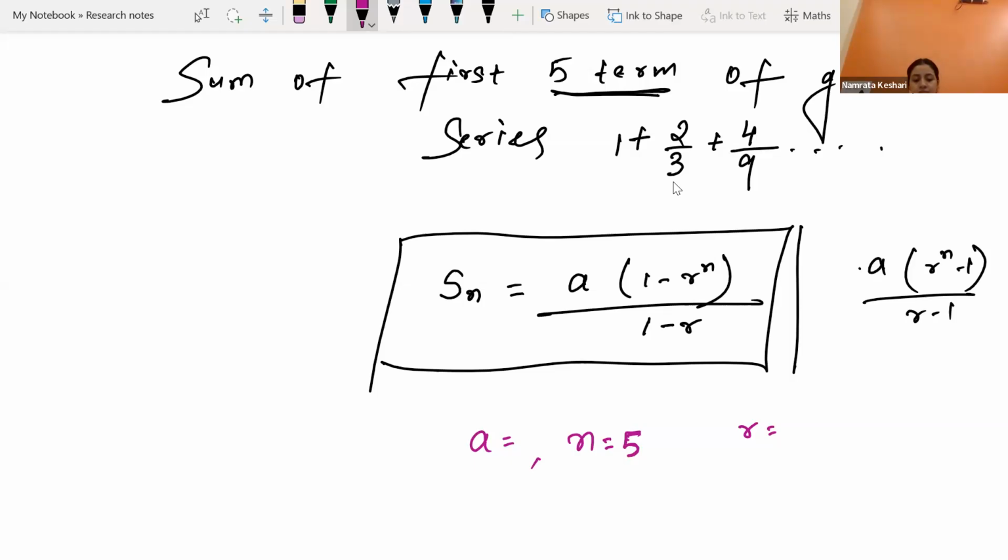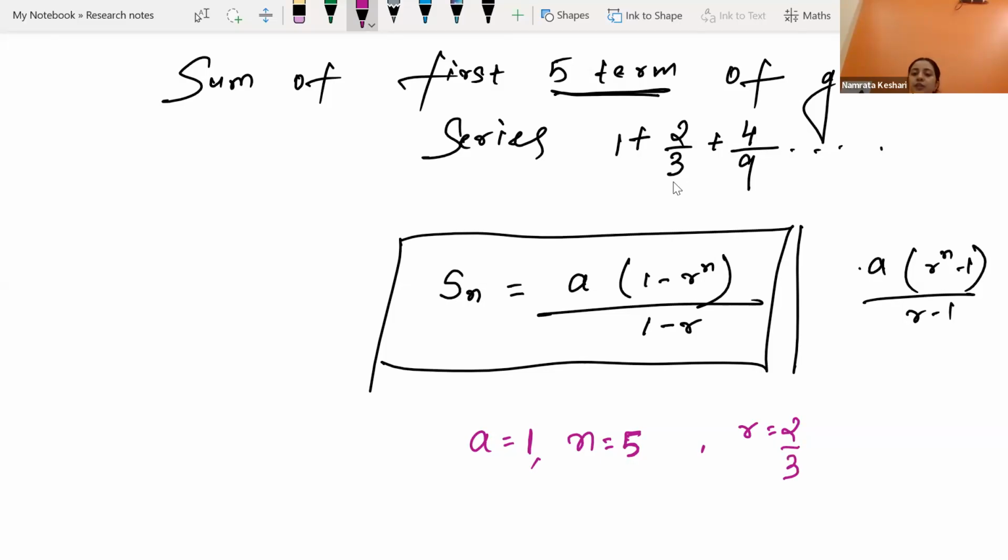One is a. a is 1, and r is... what is the common ratio? It is 2 by 3, right?